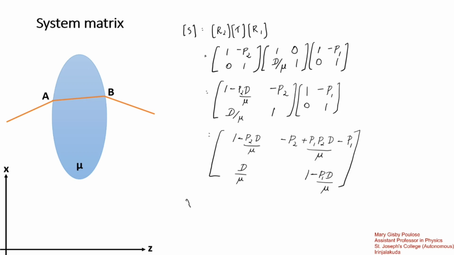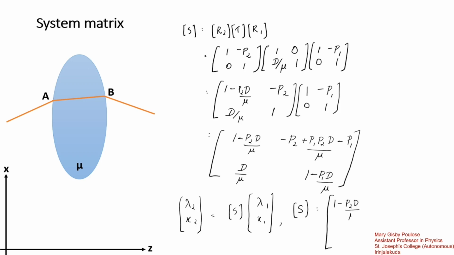Thus we can write lambda2, x2 in matrix form as system matrix upon lambda1, x1, where the system matrix is of the form 1 minus P2 d by mu, minus of P1 plus P2 minus P1 P2 d by mu, and 1 minus P1 d by mu. Okay.